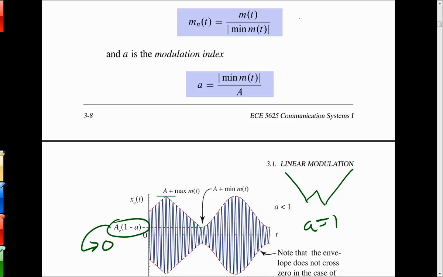So the way the negative message is set up, no matter how it's defined, the negative value that the message takes on hangs at -1 as its smallest value. That way, when you turn A up to 1, it'll just be touching.